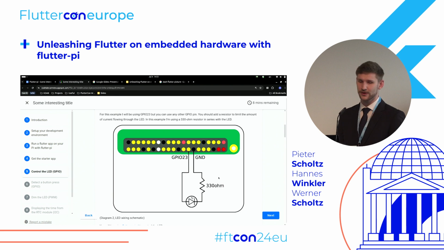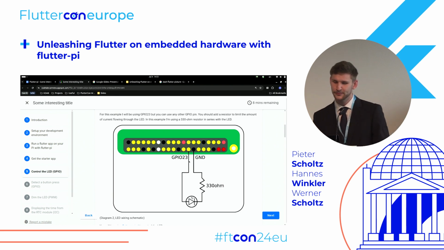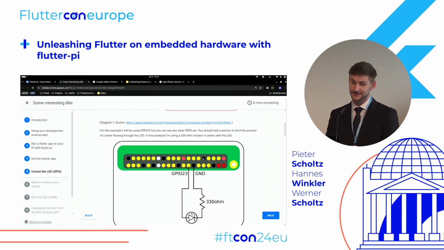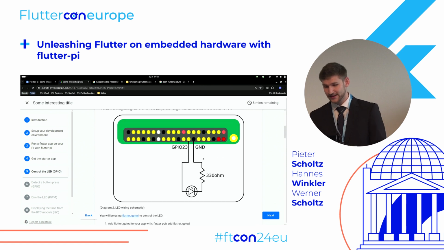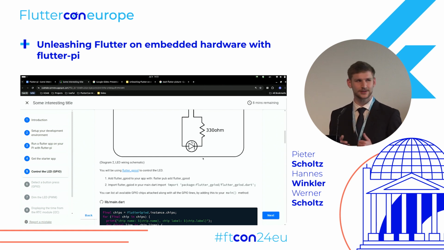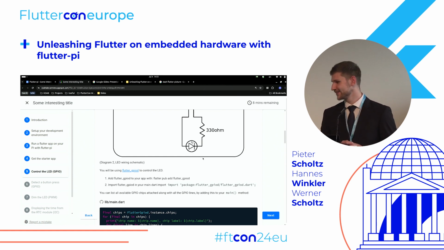As you can see in the wiring diagram I did, we have an LED connected to GPIO pin 23, which goes through a resistor to ground. For this, I'm going to be using Flutter GPIOD, authored by Hannes over there. So if something doesn't work, we can blame him.